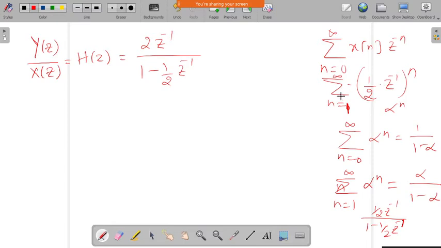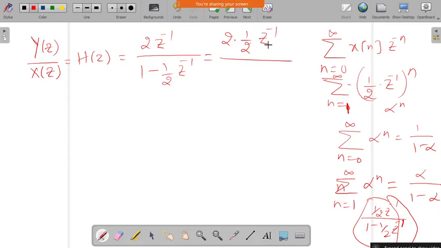In order to use this summation, we have to bring our Z transform into this form. So I am putting it as 2 into 1 by 2 Z inverse. In the numerator we have alpha, and the denominator will have 1 minus alpha.